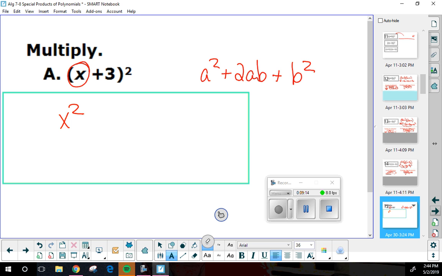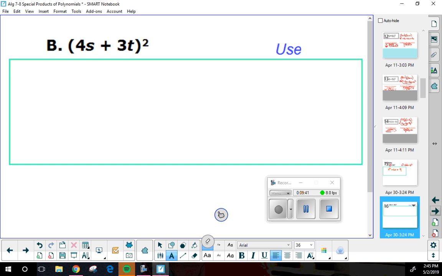Then the last term is 3. What's 3 squared? Then I go 3 times x is 3x, times 2 is 6x. Through doing FOIL over and over again, you will get to this yourself. You could have come up with these rules in about 3 days probably.